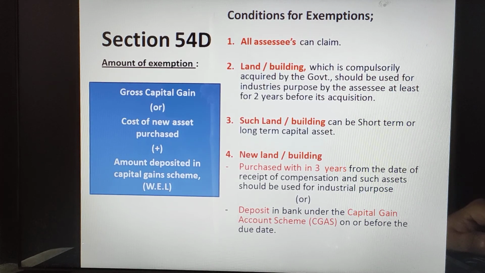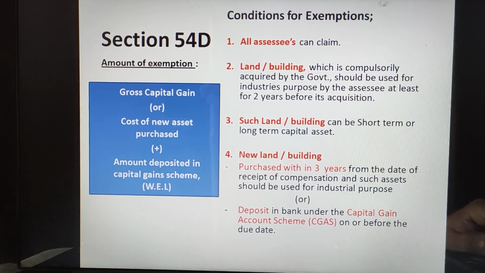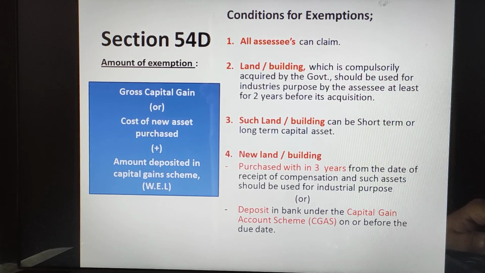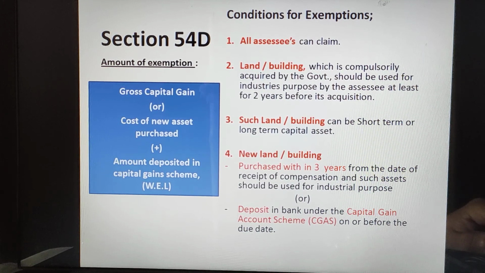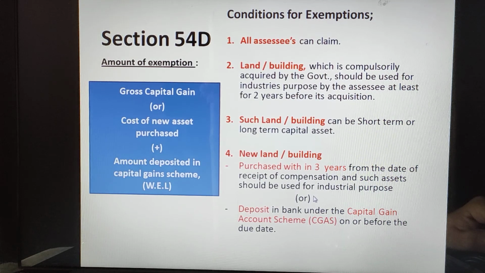Fourth point is, with this amount you need to purchase some new land or building within 3 years from the date of receipt of compensation, and such asset should be used for industrial purpose only. Whatever property you have sold, that is land and building acquired by the government from you, whatever compensation you receive from that transaction, that amount you need to invest in purchase of new land and building.